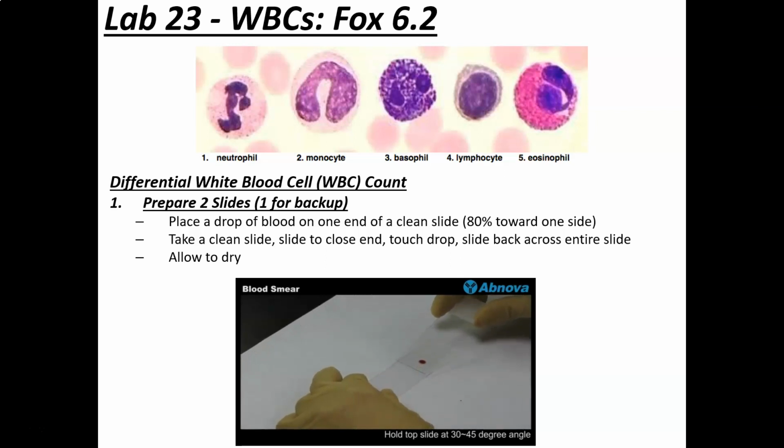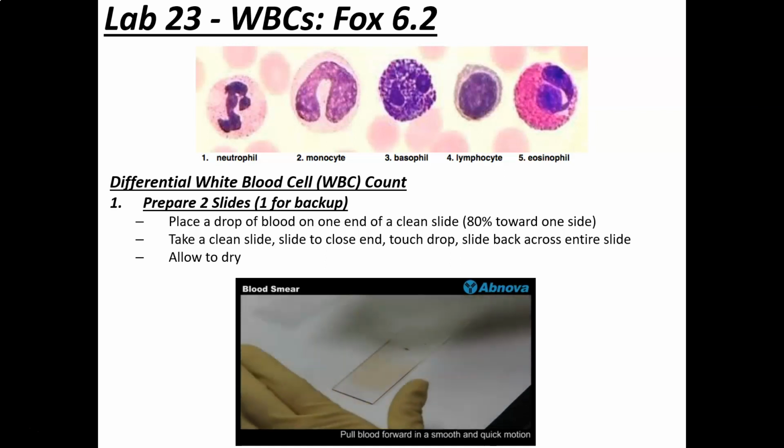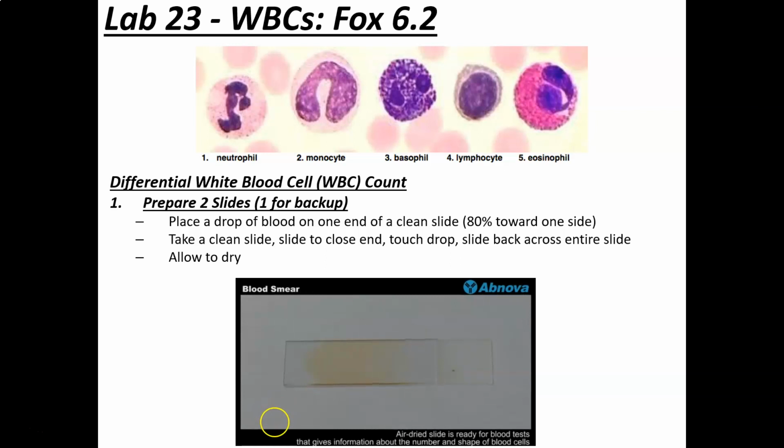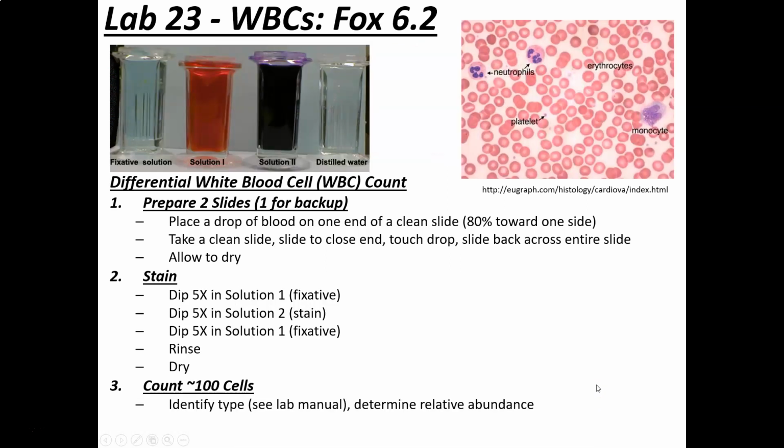You start in the middle, and you pull back towards the short edge. Let the blood go all the way across the slide and then push forward. It's a lot harder than it looks on the video. But then what we're going to do is we're going to stain it.